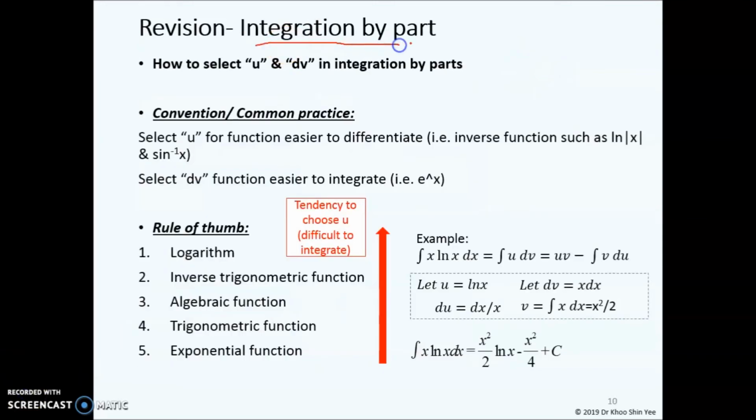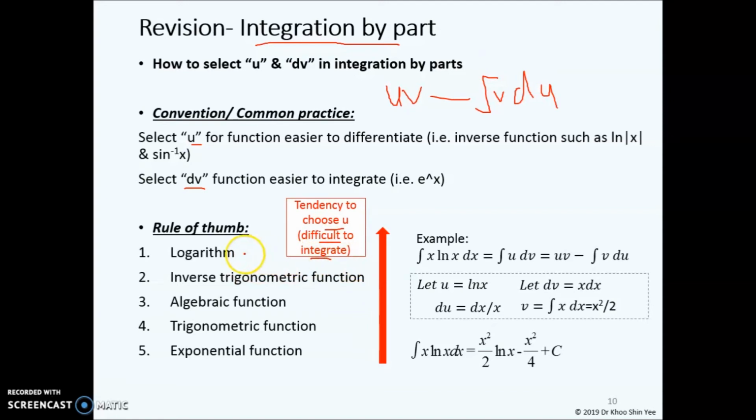So integration by part is a very important technique in integration. So you have to choose the u and dv for the formula uv minus v du. So as a rule of thumb, we choose u for those which are difficult to integrate.